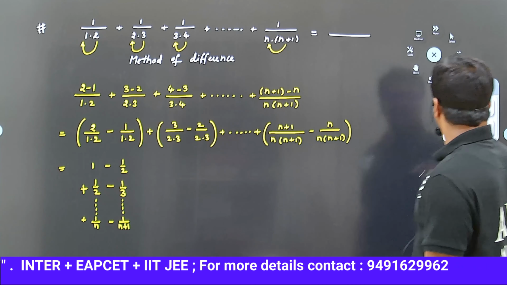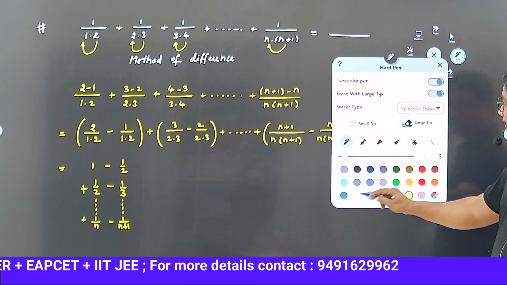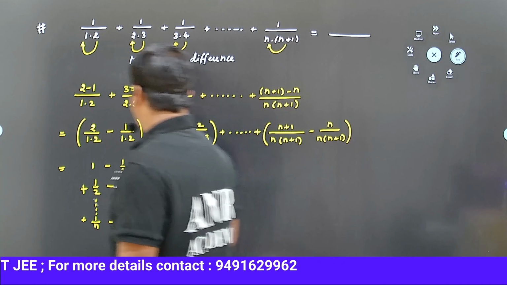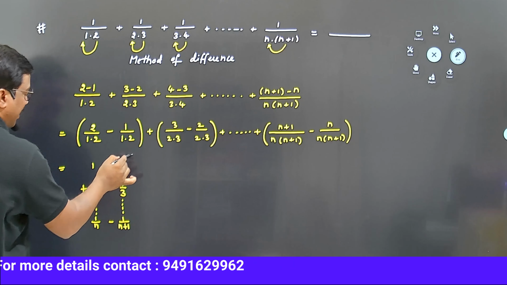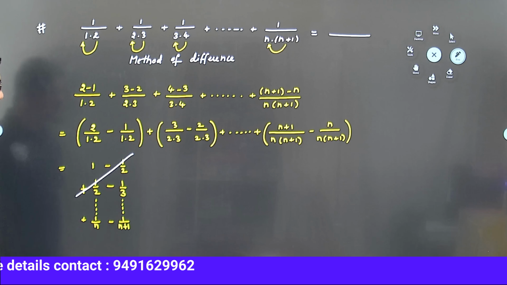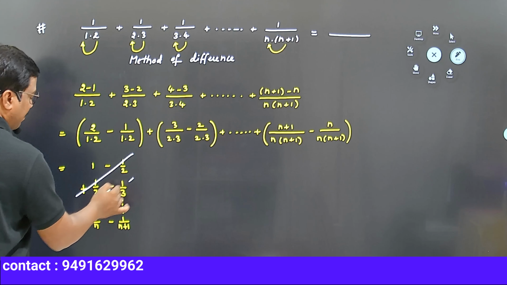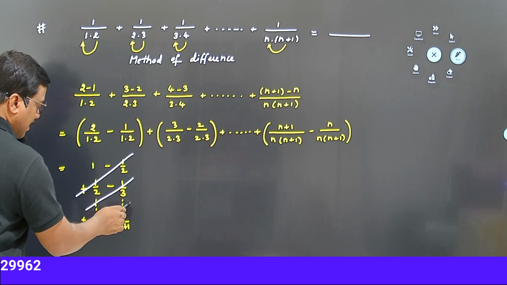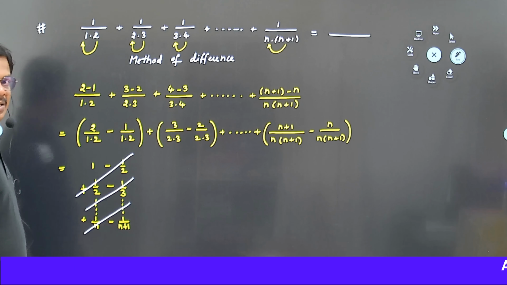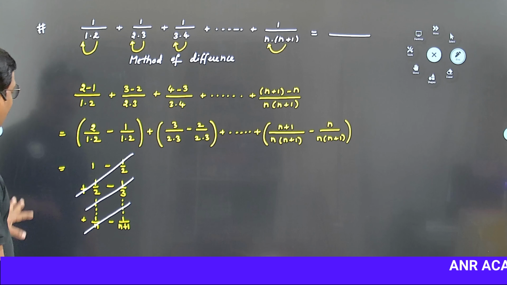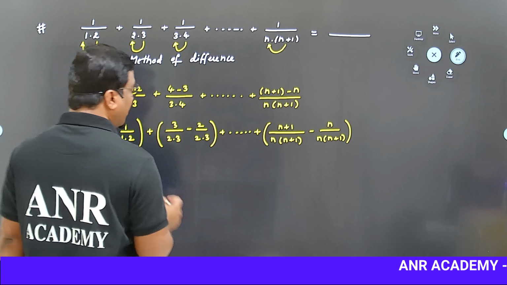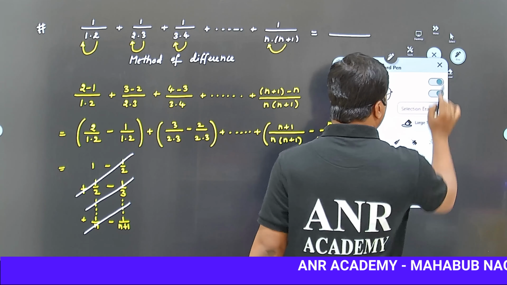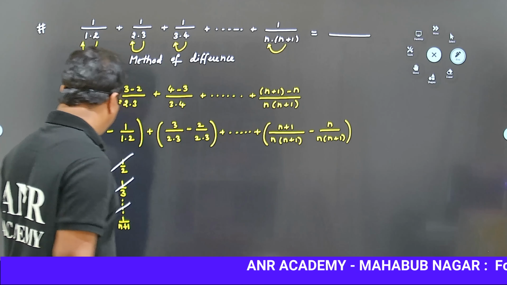Now if you simplify this result, what happens? Observe, minus 1 by 2 plus 1 by 2, these two get cancelled. In the second step, minus 1 by 3 plus 1 by 3 gets cancelled. Like that, up to 1 by n, the terms will get cancelled. Only 1 is left on the left side, and on the right side minus 1 by n plus 1.